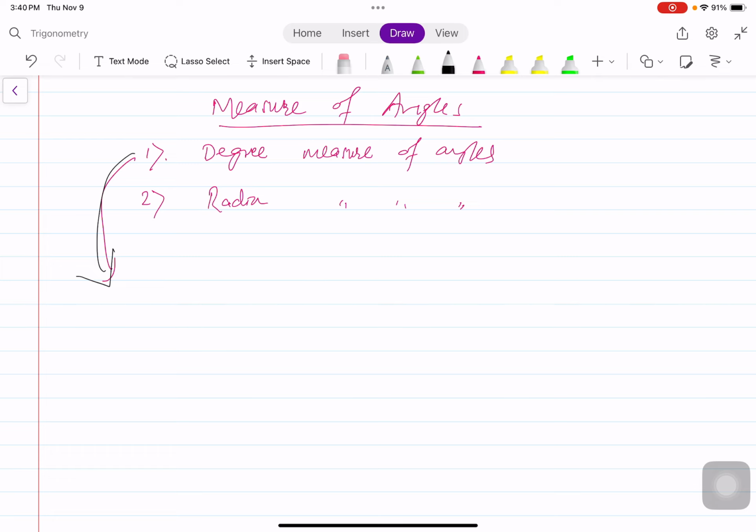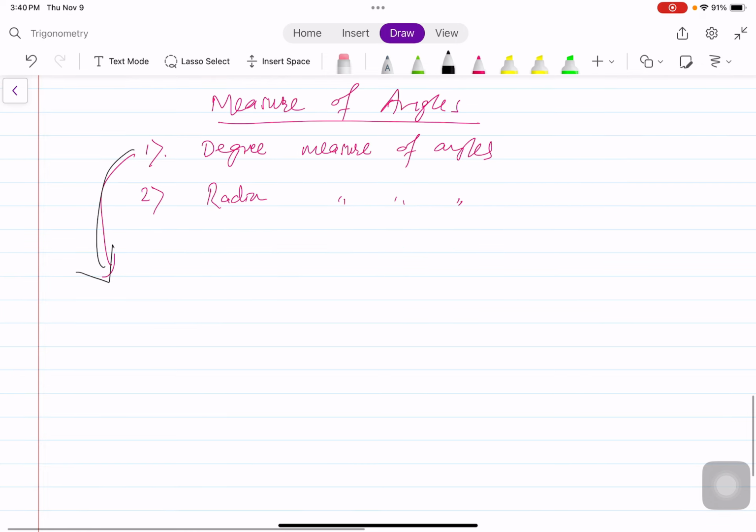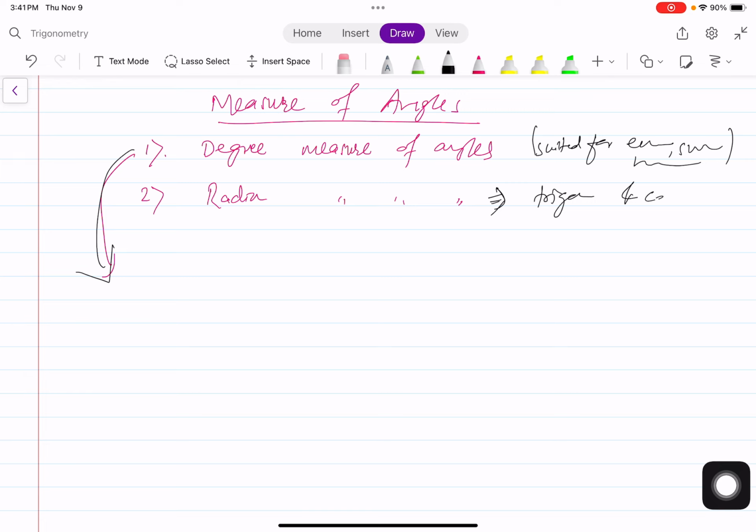The degree measure is suited for engineering, surveying and navigation purposes, whereas the radian measure, which we will discuss later, is suited for trigonometry and calculus.